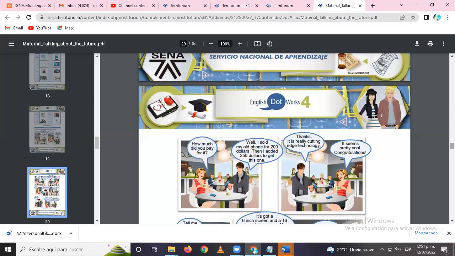Por ejemplo, ahí ese verbo de mejorar no tiene el ing, pero luego puedo decir speaking, o improve my speaking. ¿Sí me entiendes?